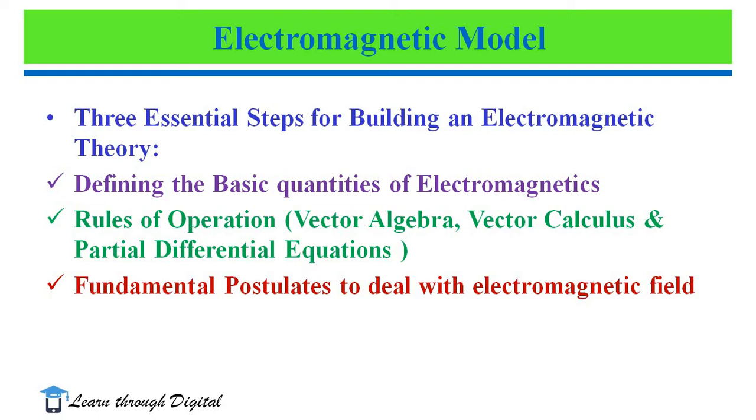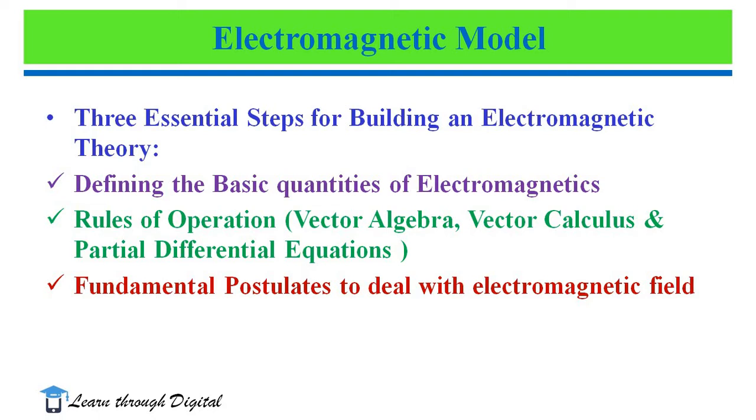The rules of operations are those of algebra, ordinary differential equations and Laplace transformation. And the fundamental postulates are Kirchhoff's voltage law and current law. In a like manner, the electromagnetic theory can be built on a suitably chosen electromagnetic model.